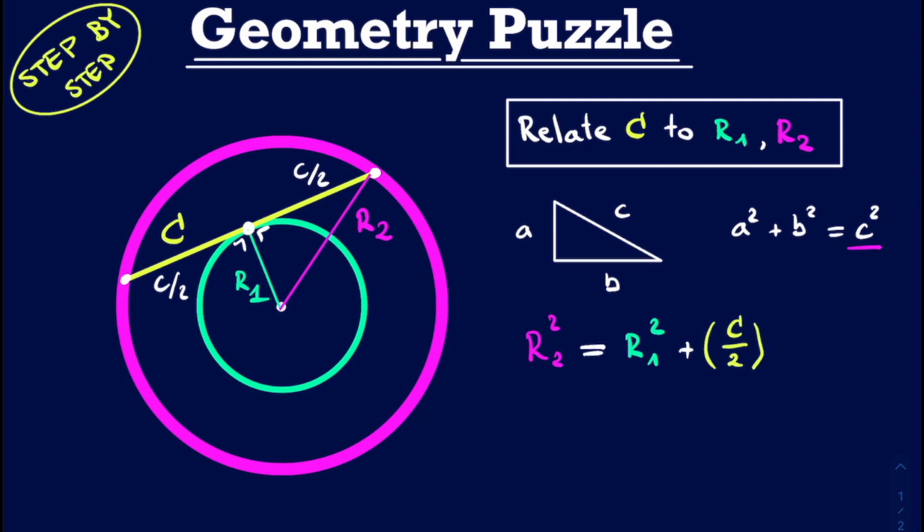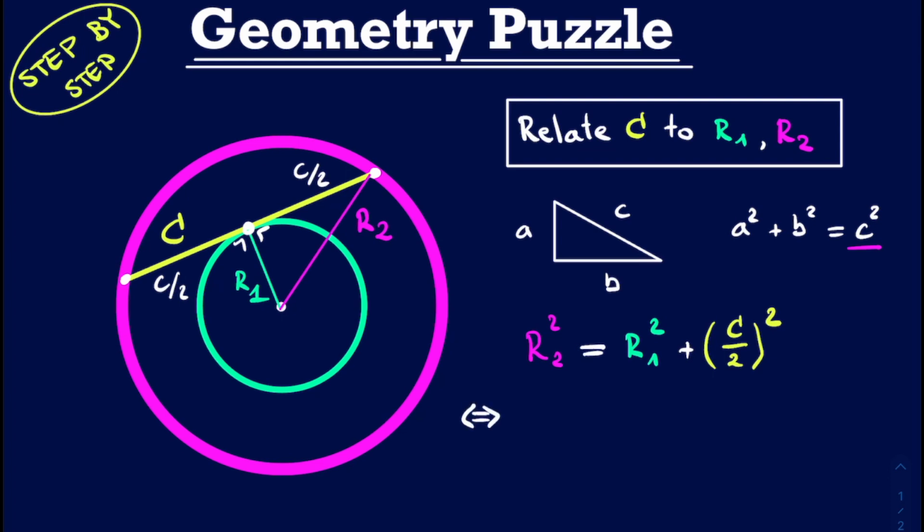And now we see that we indeed have a formula that has all of the three variables inside of it. And what we're left now to do is to isolate this C right here and write it as a function of R2 and R1. So let's simply rewrite this equation.